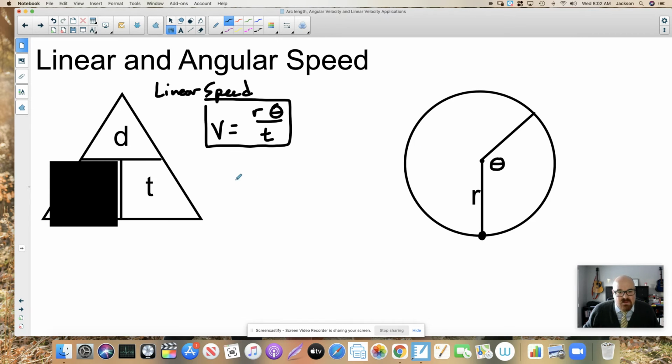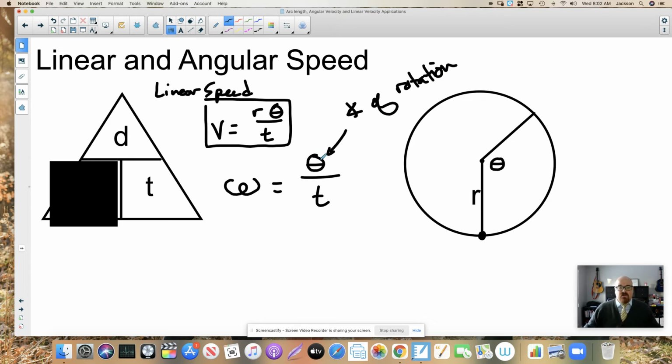Okay, and angular speed is the same idea as regular rate or speed, but instead of talking about distance, we really only focus on how many rotations or radians something rotates over. So this is the angle of rotation divided by time.